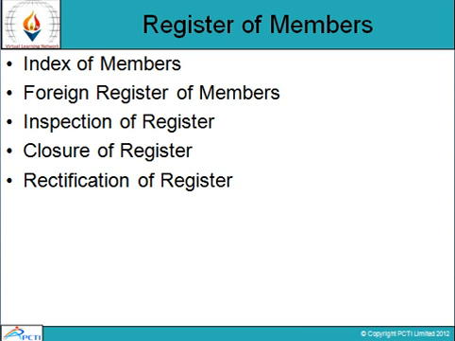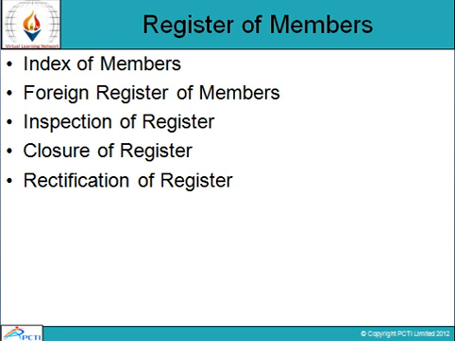The right to inspect also includes the right to make extracts from the register. The company is also bound to supply a copy of the register, index, etc. on payment of ₹1 for every 100 words or fractional part thereof required to be copied.